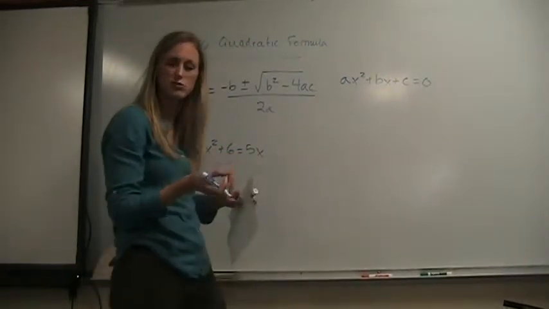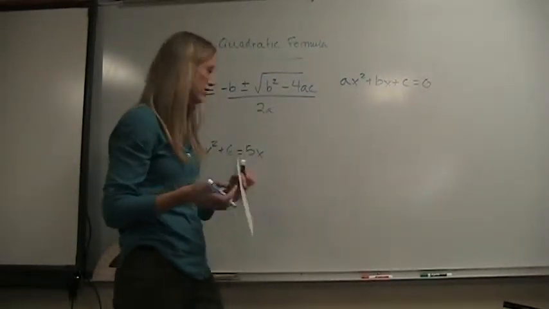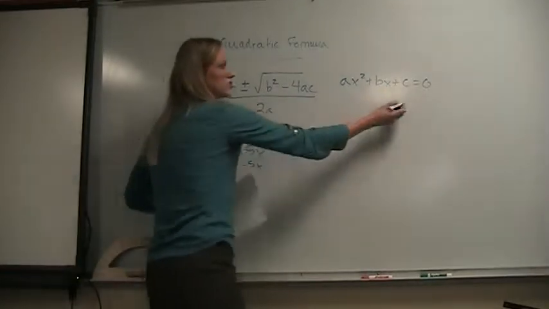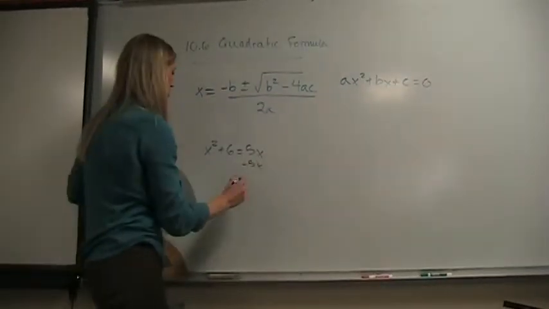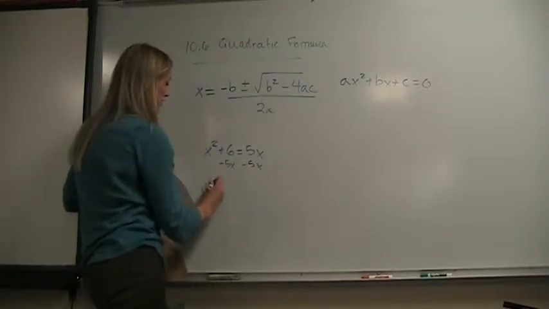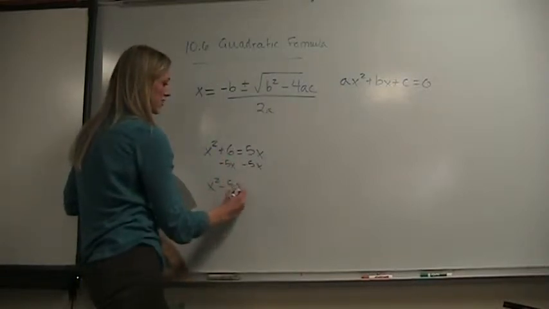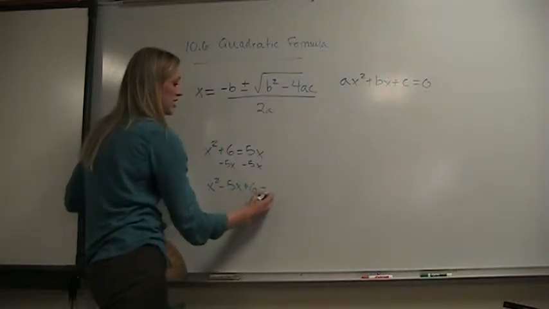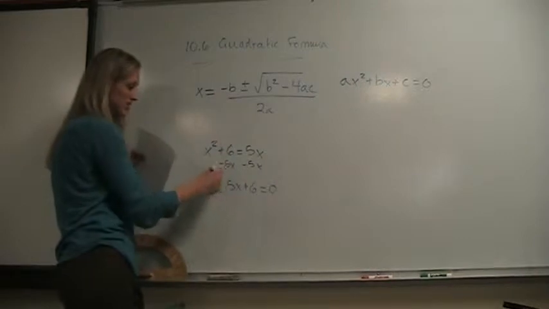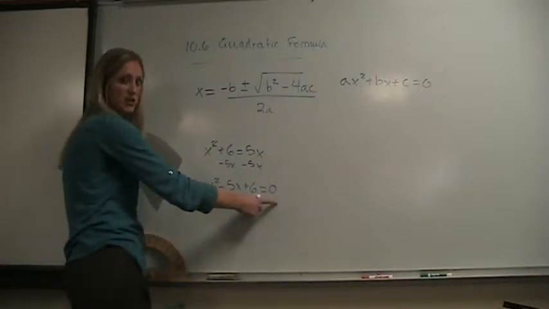If they're not in standard form, I'm going to be doing the equation incorrectly. Okay, so I want to subtract 5x. We always do need it to be equal to 0 to be able to solve, so I'm going to subtract 5x from both sides. So I'm going to rewrite this as x squared minus 5x plus 6 equals 0. And I rewrote it with my negative 5x first here before the 6 so that it is in standard form.